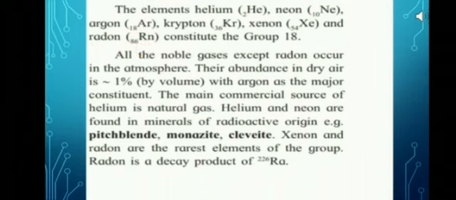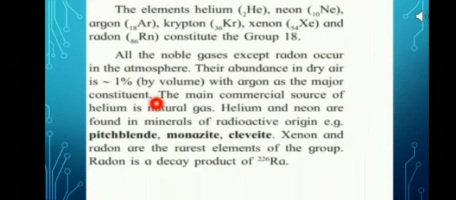Due to completely filled orbitals, these elements have no tendency to gain or lose electrons. They do not take part in various types of chemical reactions. All the noble gases except radon occur in the atmosphere. Their abundance in dry air is about 1% only, with argon as the major constituent.